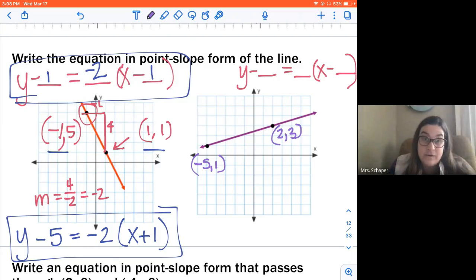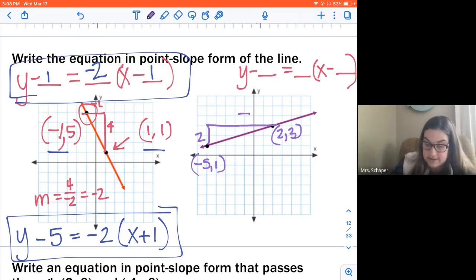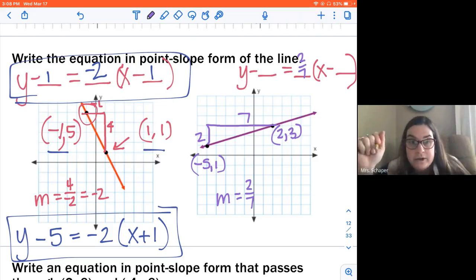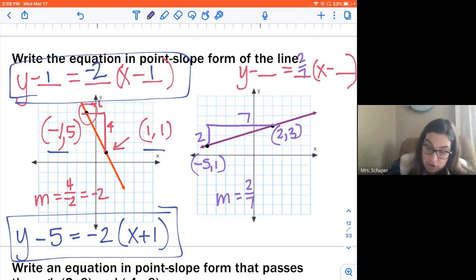The next thing I need to figure out is my slope. So I rise 1, 2, I run 1, 2, 3, 4, 5, 6, 7, and I run 7. So the slope is 2 7ths. So that's going to go here. And then you pick which ordered pair you want to use. You could use 2, 3, in which 3 is the y value and 2 is the x.